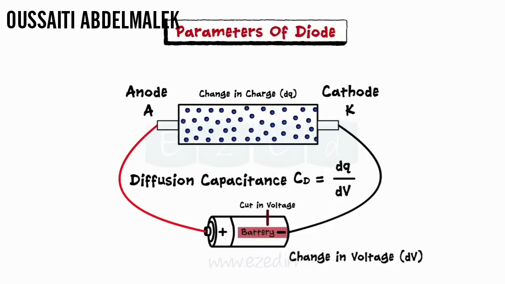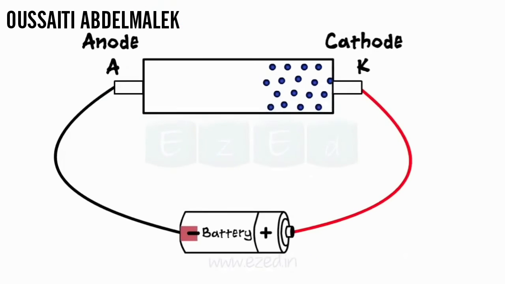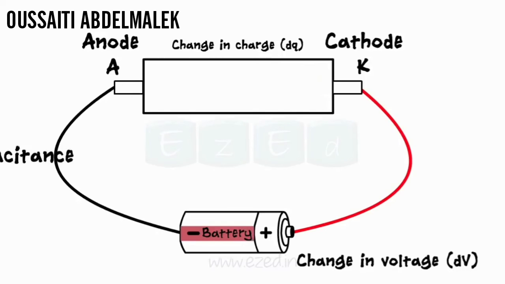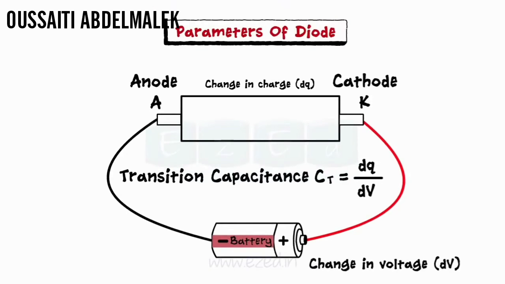CD equals dq upon dV. During reverse bias, we get a change in charge as majority charge carriers move away from the junction, leading to the capacitance called transition capacitance, defined as change in charge due to change in voltage. CT equals dq upon dV.